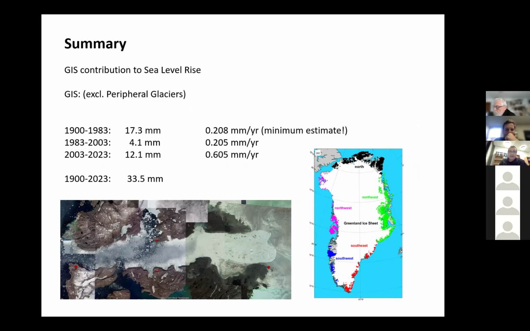No, we're only looking at the surface and changes of the surface, and we use the changes of the surface to estimate mass loss. Okay, so you don't need to invert for velocities, where you need knowledge of the geometry of the ice sheet or the bedrock underneath. Well, we don't use velocities here at all. Okay. Understood. Thank you.